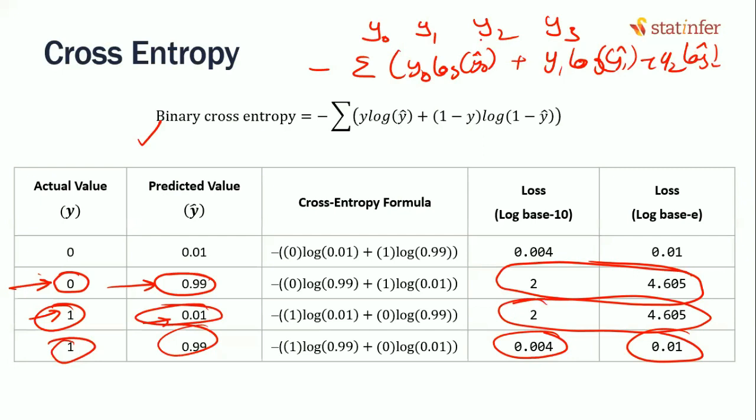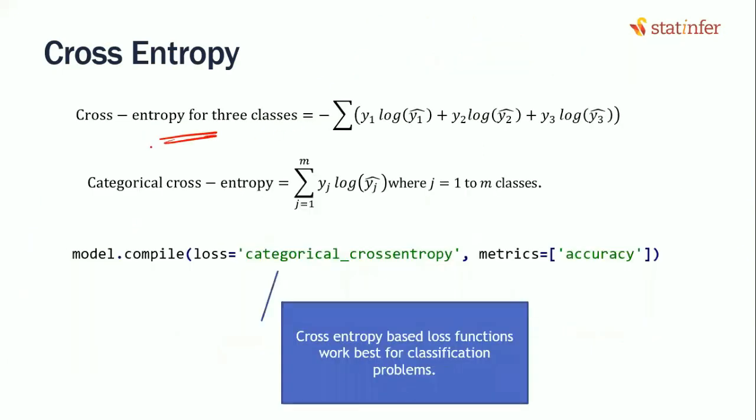That is known as categorical cross entropy. So categorical cross entropy is yj log yj predicted, where j is running from 1 to m classes. So sometimes for classification, you may see categorical cross entropy.